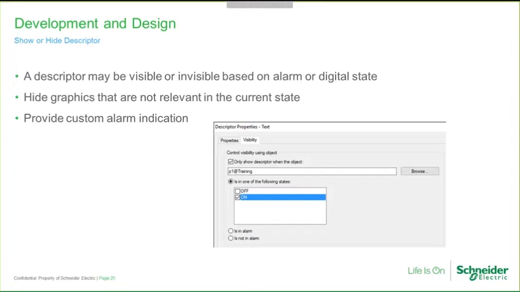This is for controlling individual graphic elements, so you can say that this button should only be visible if a particular object is in a particular state or is in alarm or not in alarm. It's one of the requests we've had for many years, so now it's possible to make user interfaces where the user can only enter values if it actually makes sense based on the current state of the plant.